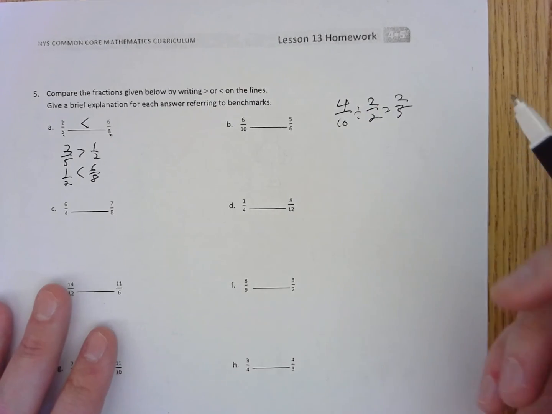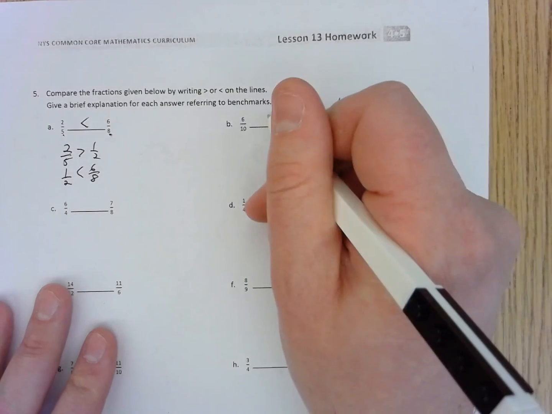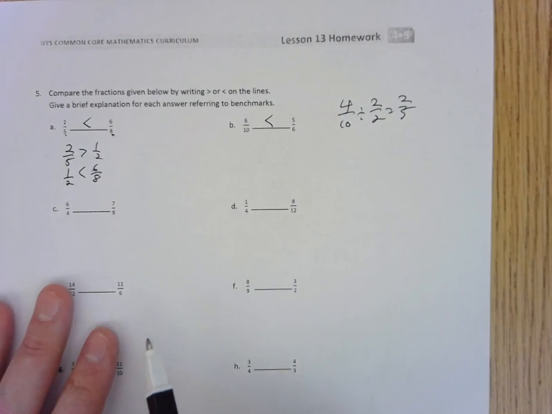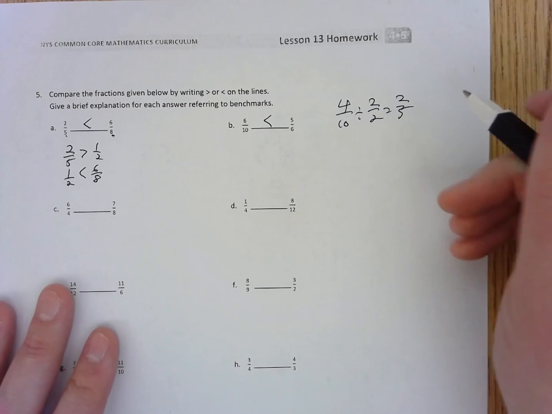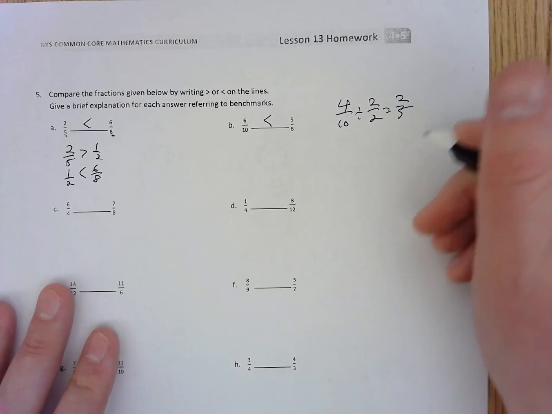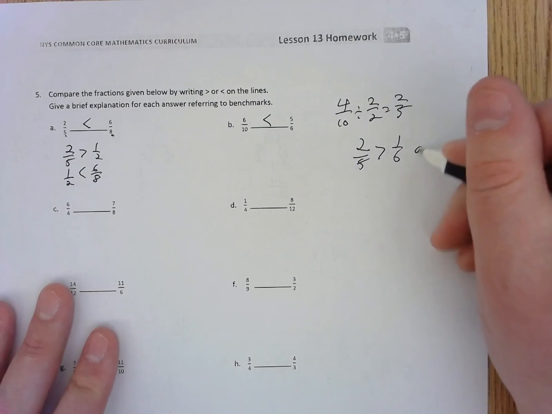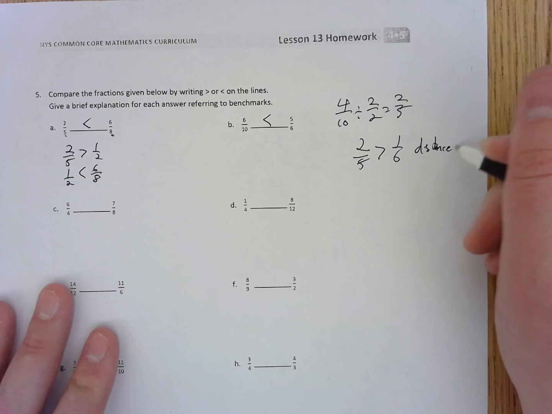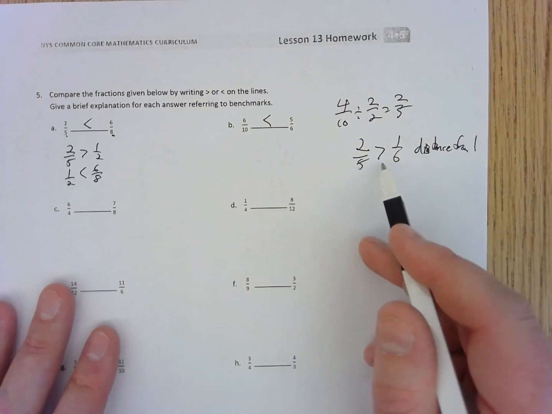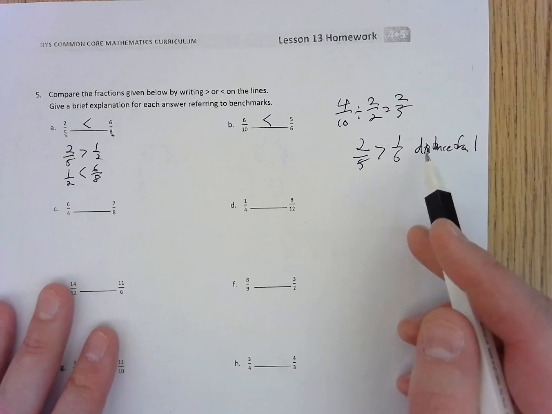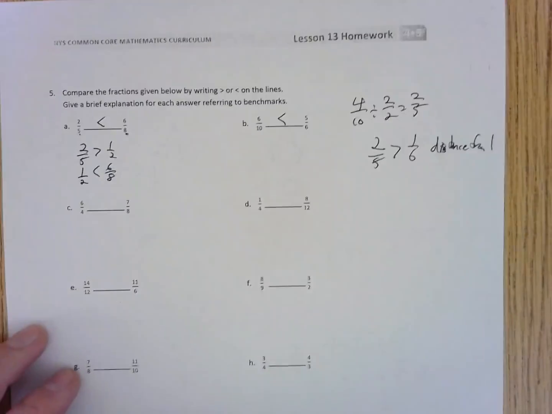And so we know that 5/6 is greater than 6/10 because 2/5 is larger than 1/6, which is our distance from 1. Sorry for the poor handwriting. 2/5 is greater than 1/6, which is our distance from 1. So if this one is further away from 1, it's going to be smaller, obviously.